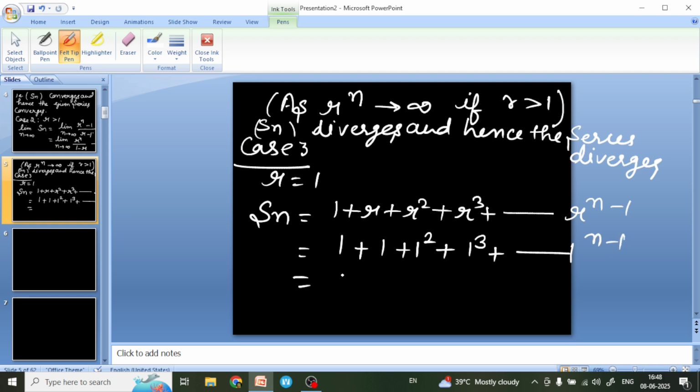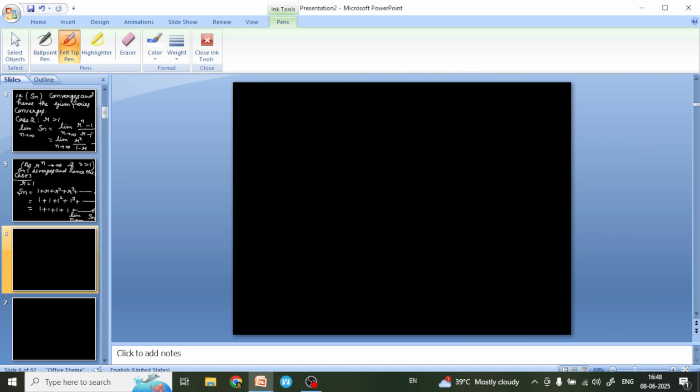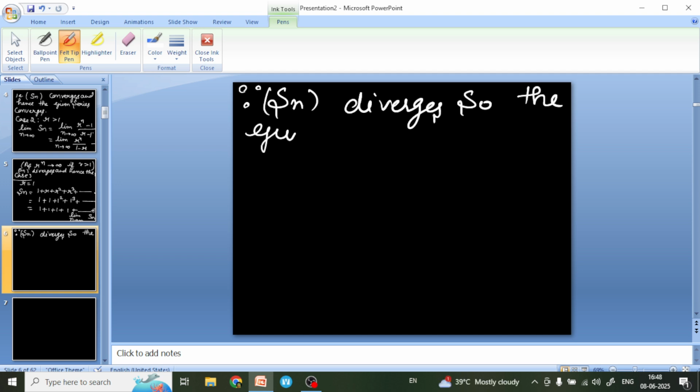We find that 1 plus 1 plus 1 plus 1, that is equal to n, and limit n to infinity of Sn is equal to infinity. Because here Sn diverges, the given series diverges.